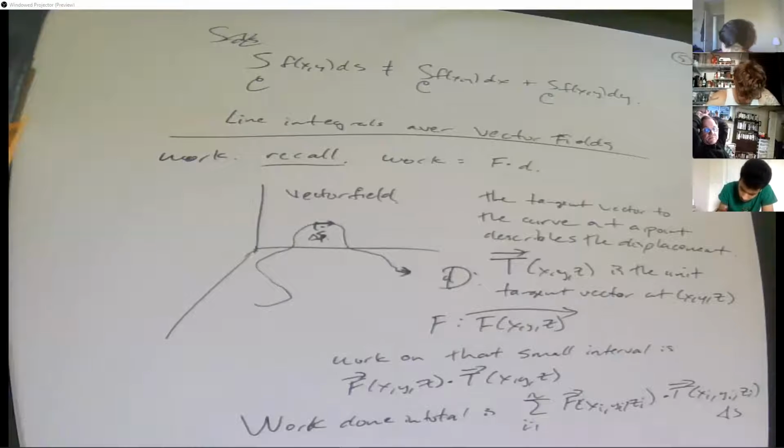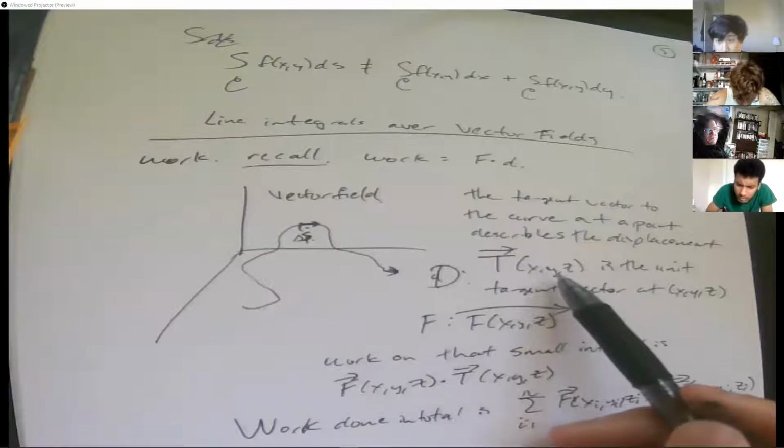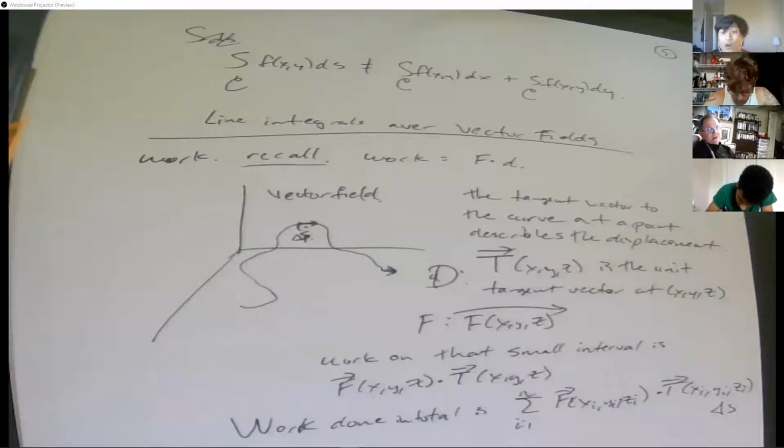Because T is really a unit vector in the direction I'm going, right? And ds tells me how far I'm going. So T times ds actually gives me my displacement vector.